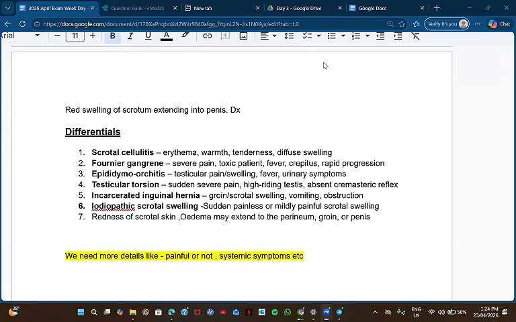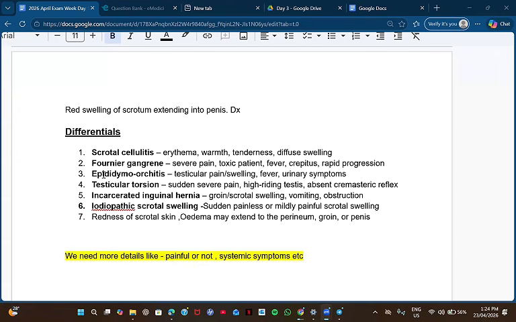So what are the possible causes? There can be cellulitis, right? There can be idiopathic scrotal swelling, or there can be trauma, or allergic angioedema, right? And hernia also, we can think, and another one is called Fournier gangrene as well.